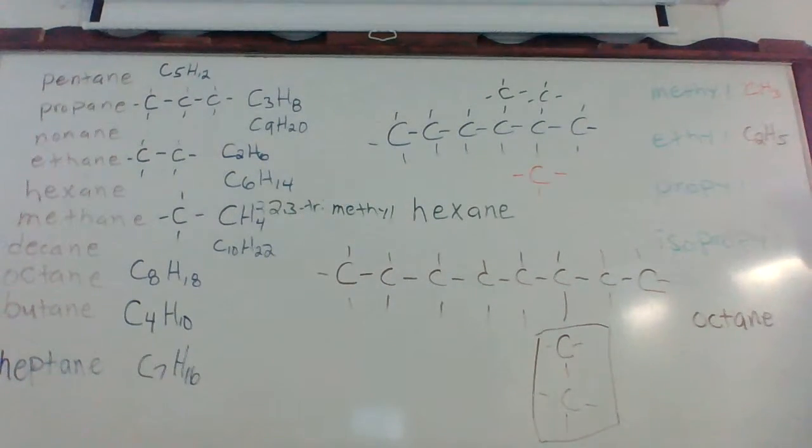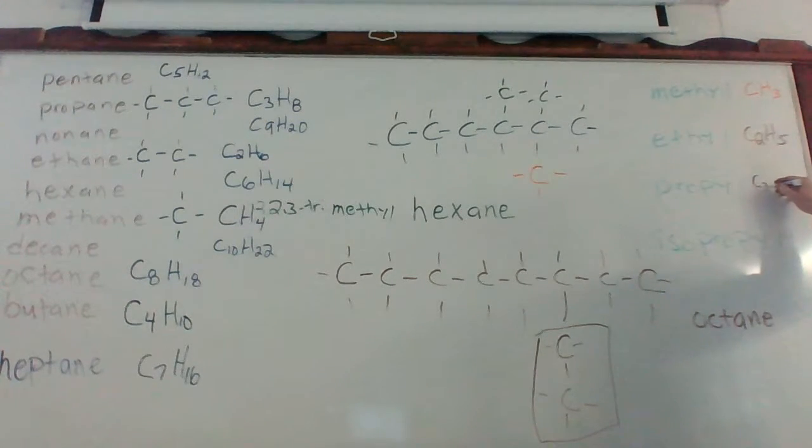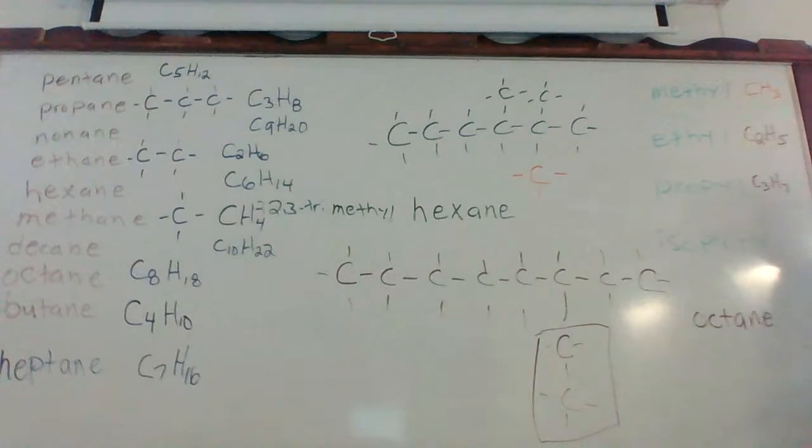Surprise, surprise, what's a propyl group going to be called? C3H7. Okay, we won't go into isopropyl yet, but those are not all the derivatives.